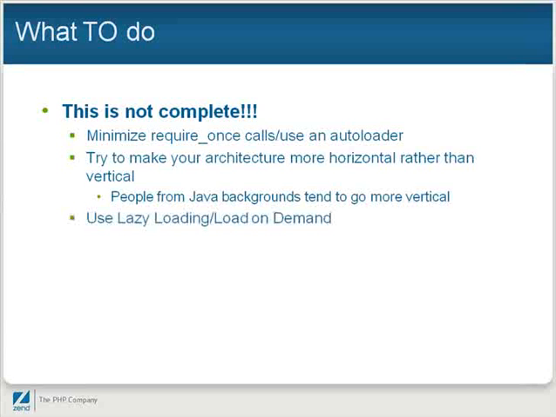Also, use lazy loading or load on demand. That can definitely have a significant difference in your application. There's another situation I ran into where the customer was loading up 140 or so individual objects that they ended up using only one, but they didn't know which one they needed to use.